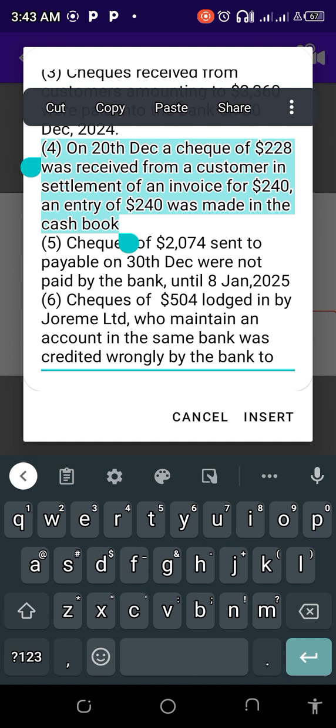The difference between 240 and 228 is $12. So the $12 is posted to the credit side of the cash book in order to reduce the overcast of receipts.